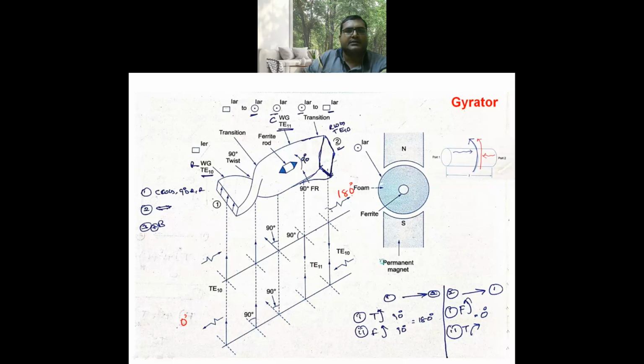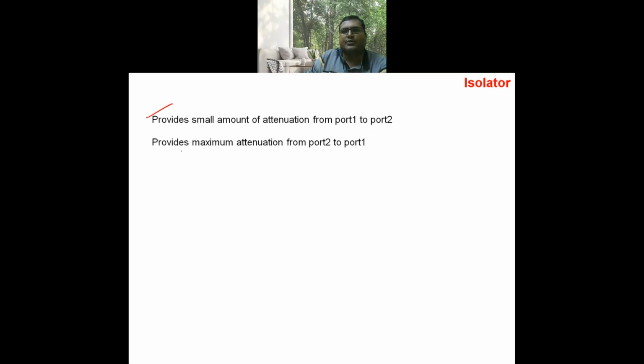The next is isolator. Isolator provides a small amount of attenuation from port 1 to port 2, maximum attenuation from port 2 to port 1. That is, here it is a 2-port device. It offers a very small amount of attenuation from port 1 to port 2 and maximum attenuation from port 2 to port 1.